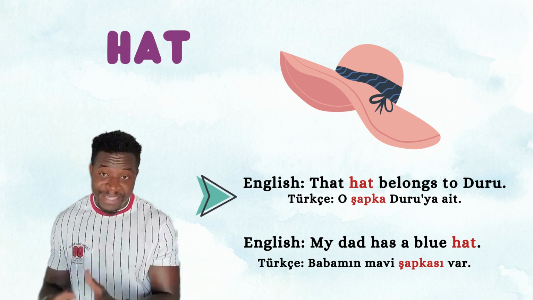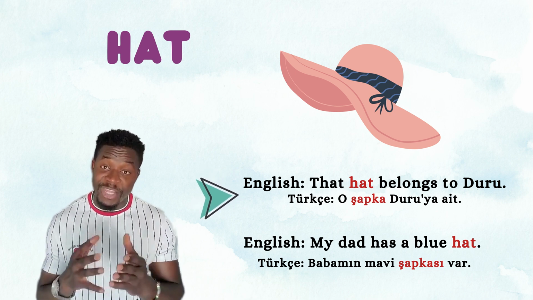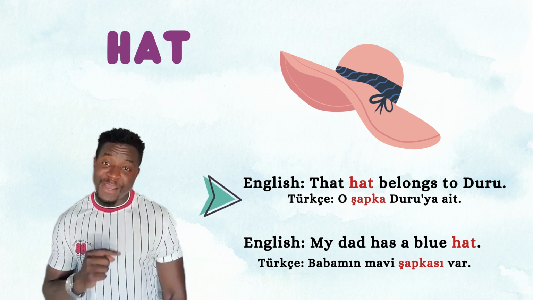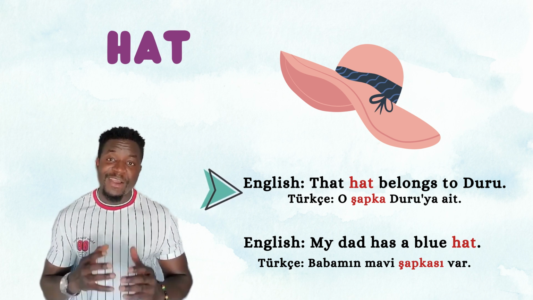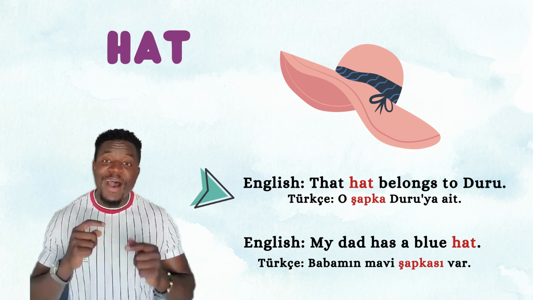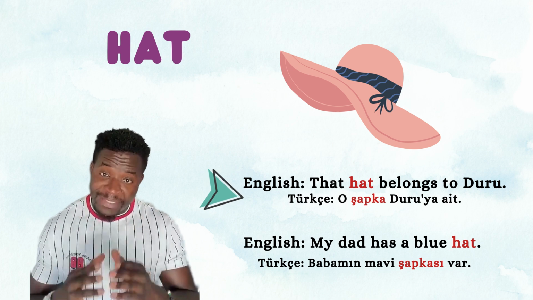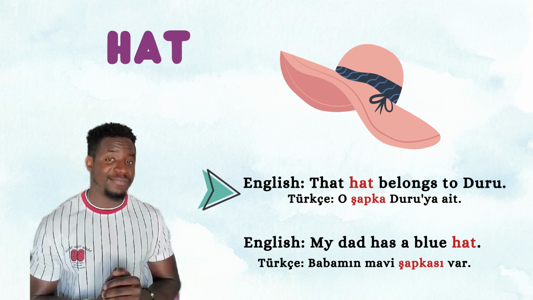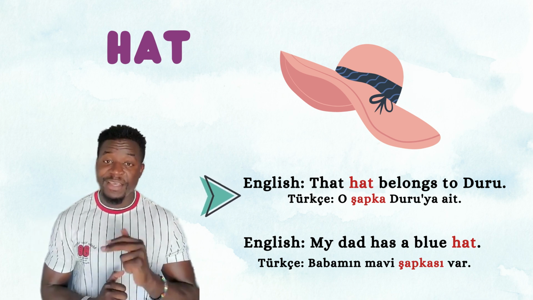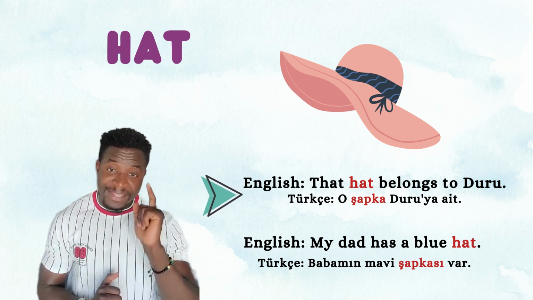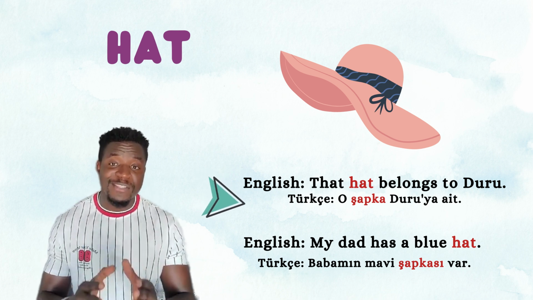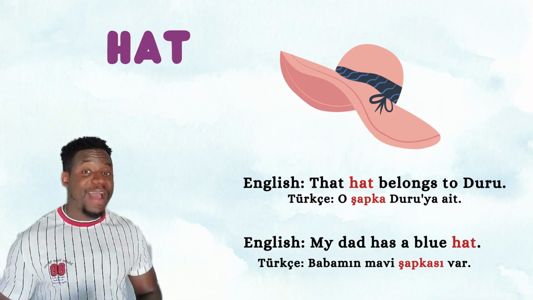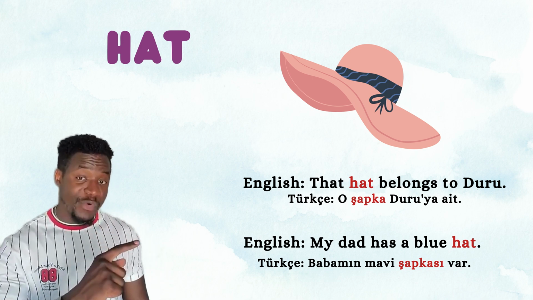In Turkish, we say, o şapkayı Duru'ya ait. Okay? So that is how we can make such a sentence in the Turkish language. In English, it is, that hat belongs to Duru. Okay? Great. Now let's make another example with the word hat.